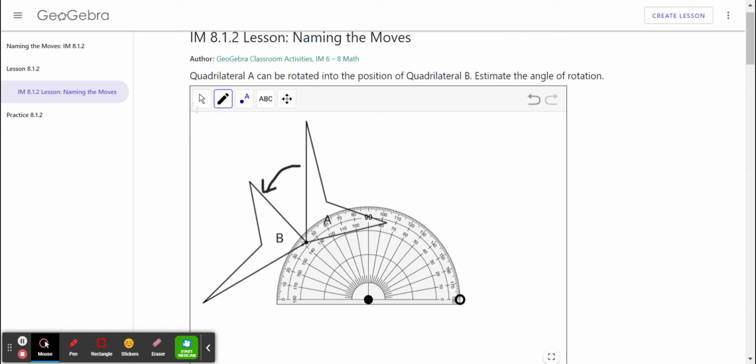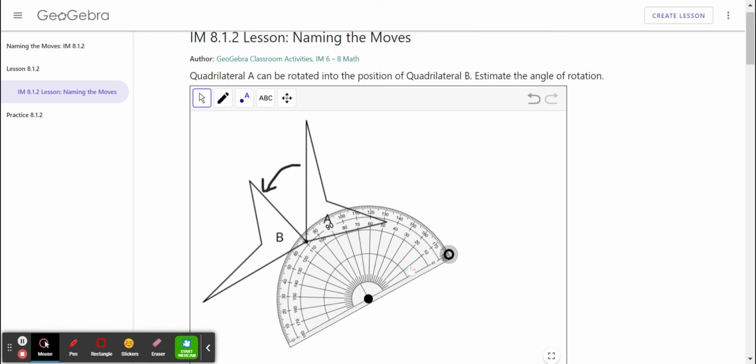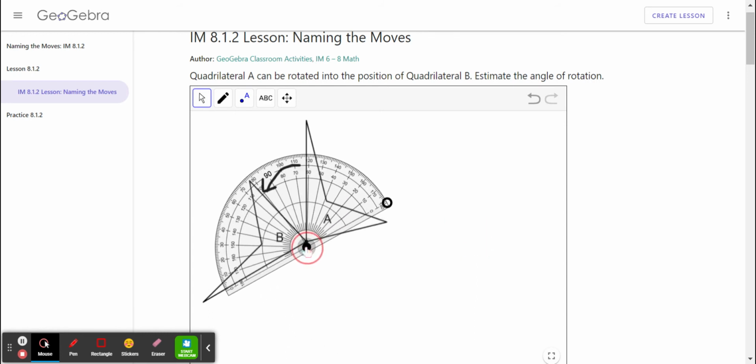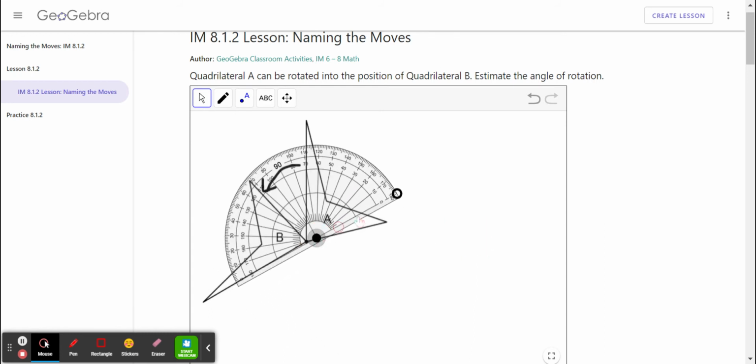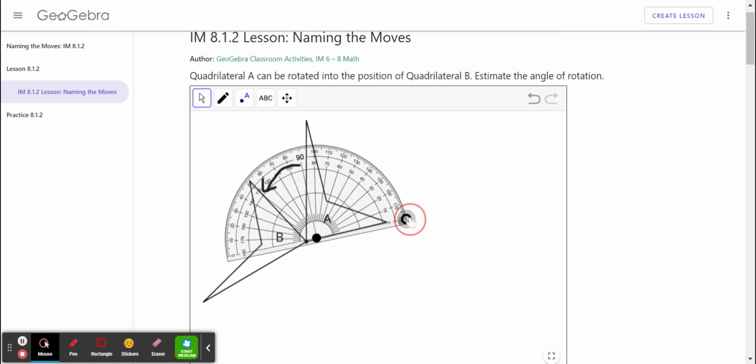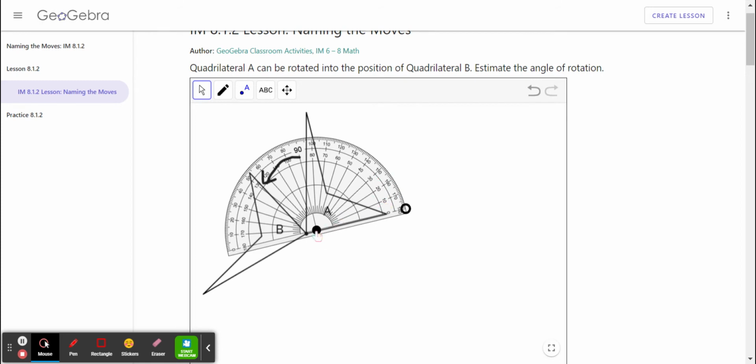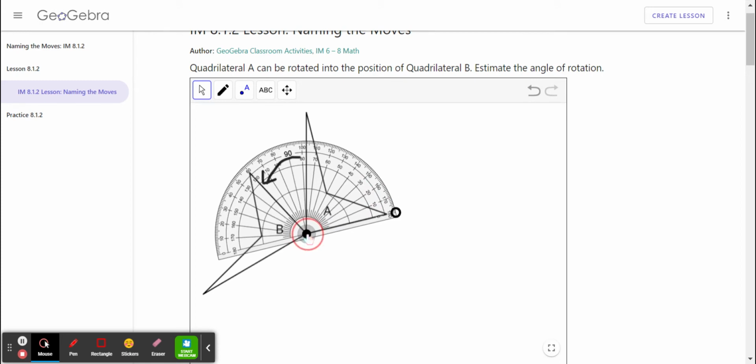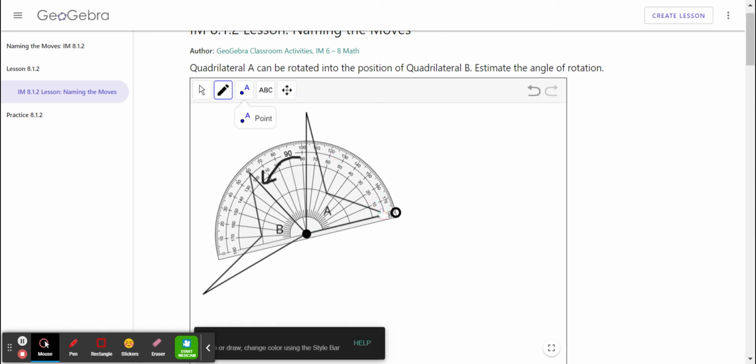Okay, so you might have noticed that there's a protractor here that you're able to use, and you can spin the protractor around like this, and you can move it by touching the black dot. You might notice that if you lay the protractor on top of A, right about the angle of rotation, and that's the point where the shape rotates around, you can see that the shape rotates starting here at about 0.